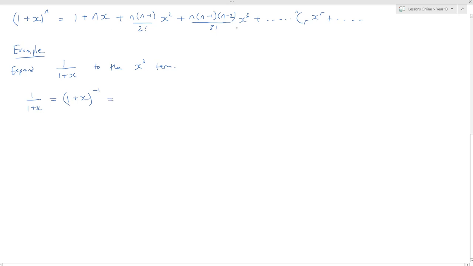We've got our formula above here. So we've got 1 and x. The only thing that's changed here is n is now minus 1.